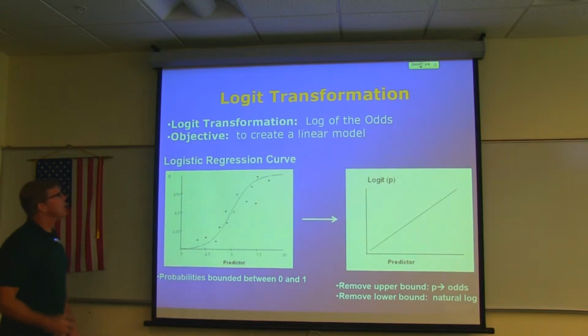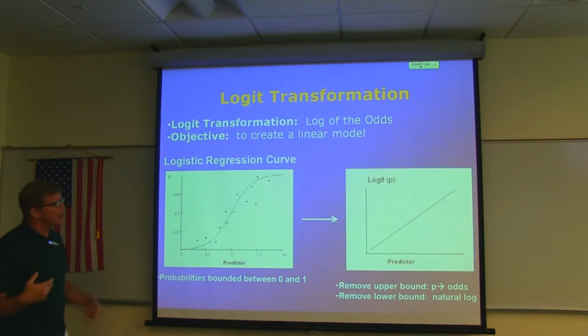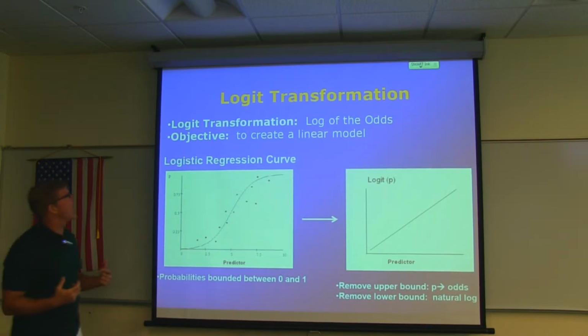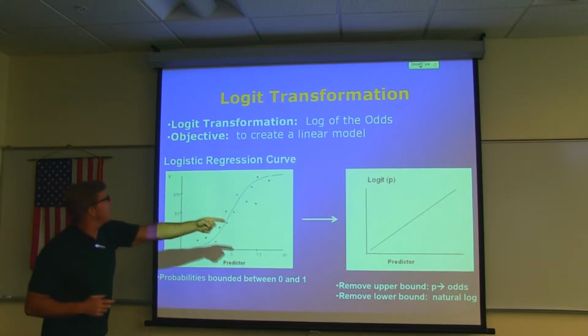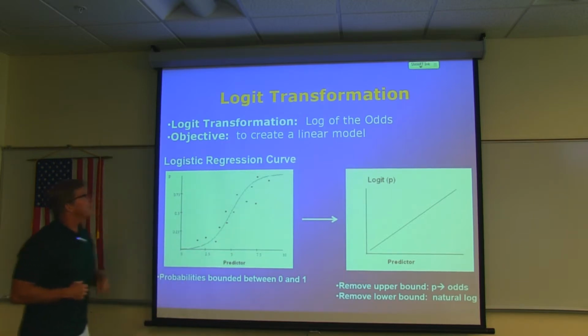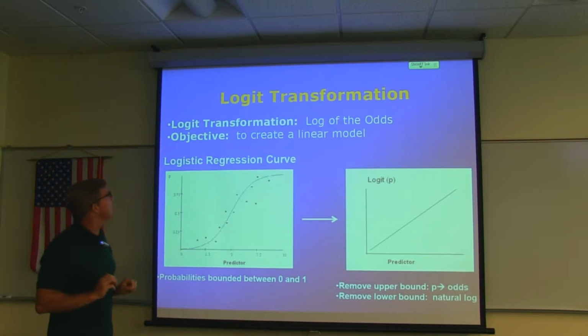And we're also going to see that logistic regression does an entity called logit transformation. It transforms this particular curve to this particular curve, taking the logarithm of the odds. Now, don't worry about that. That's a mathematical term.